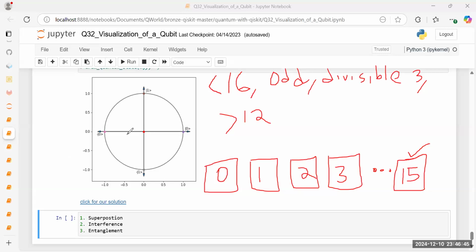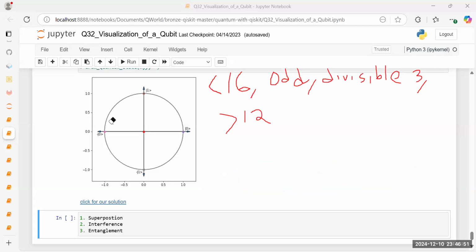Okay. But for our quantum computer, we have just a single quantum computer.